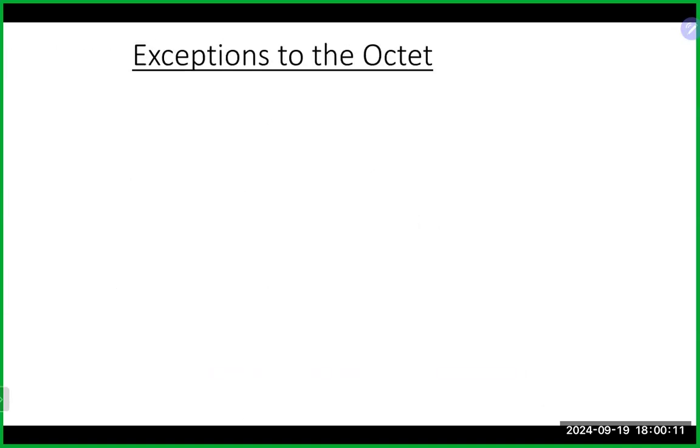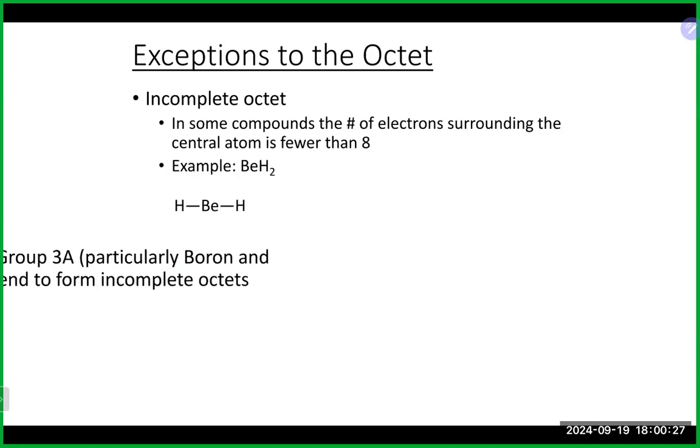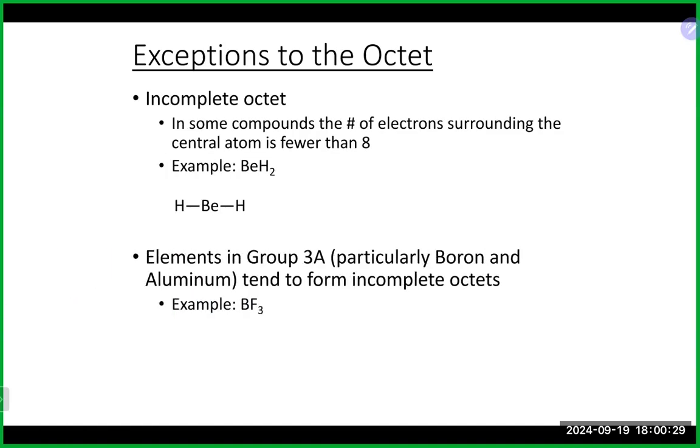The last thing we're going to talk about here is exceptions to the octet rule. Although we usually want to strive to obey the octet rule, there are a number of exceptions that you do need to be aware of, and that does pop up occasionally. The first type of exception is what's known as an incomplete octet.